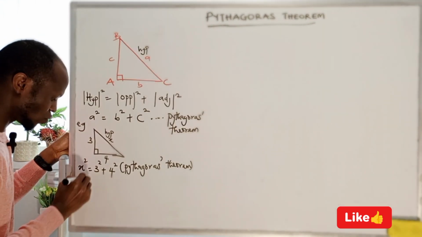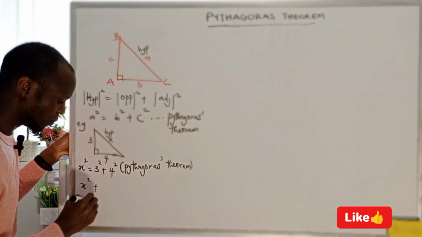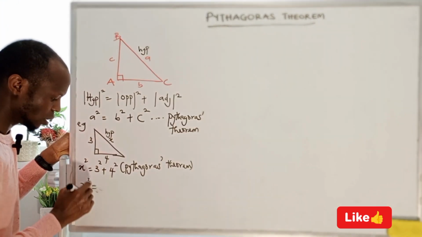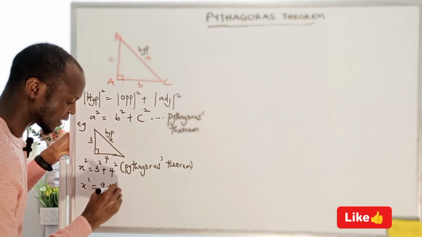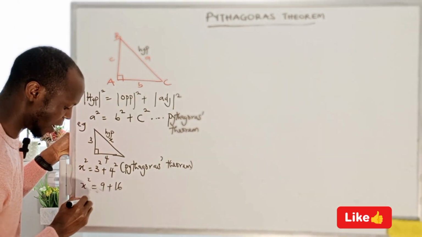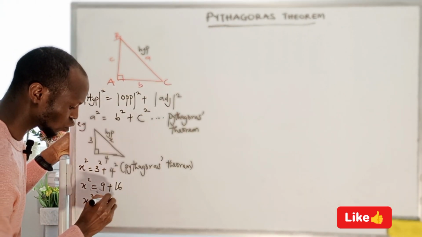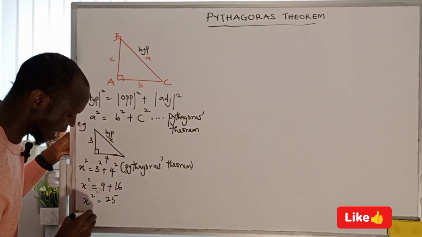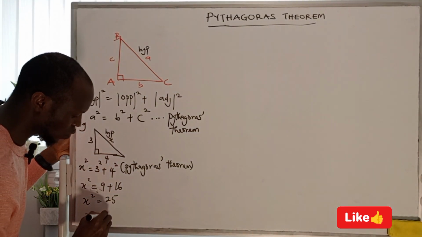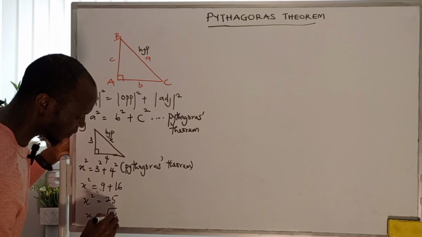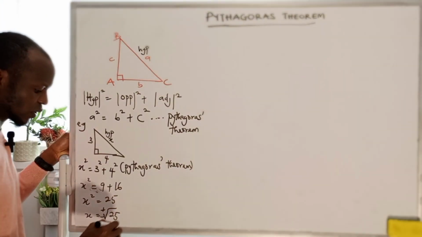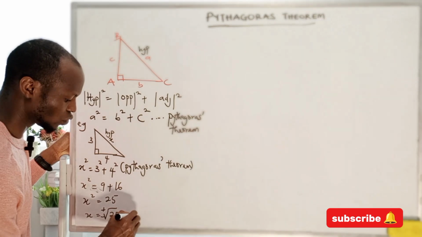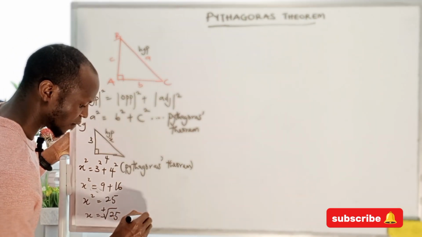So my x squared equals 3 squared plus 4 squared. 3 squared is 9. 4 squared is 16. So my x squared equals 25, and my x equals the square root of 25. Anytime you're finding the square root, it is always plus or minus, so x equals plus or minus 5.